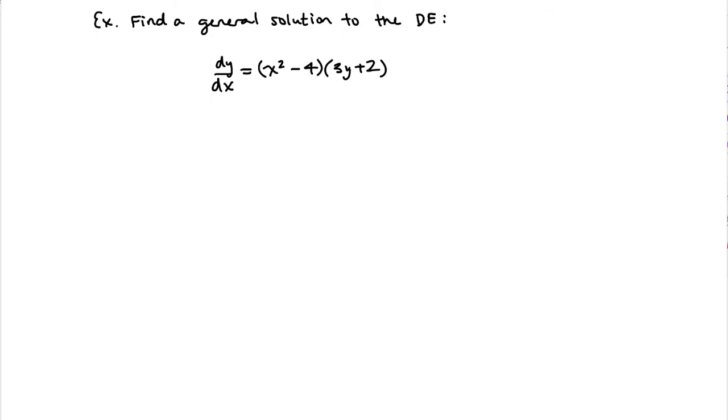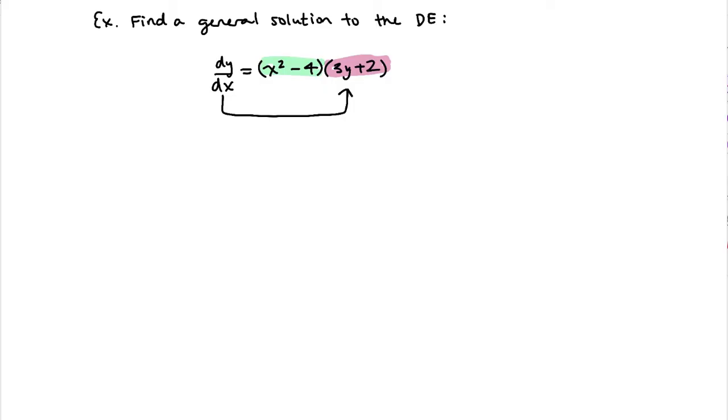So the first thing for solving a separable differential equation is to do exactly that, which is separate your variables. So I'm going to highlight the function of x and highlight the function of y. Super easy to see with the parentheses. And then we're going to move all the x's to one side, and it's going to be the right side because if I multiply by dx, I can get the dx on the right.